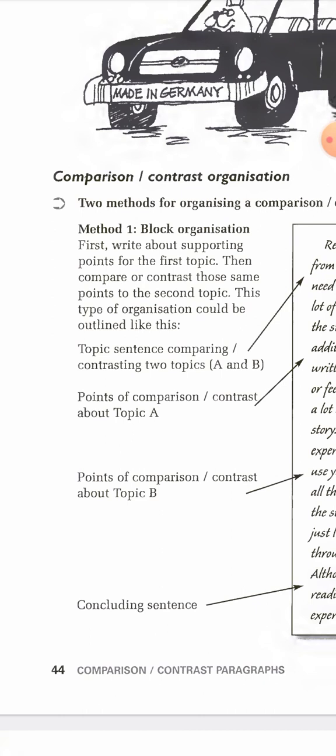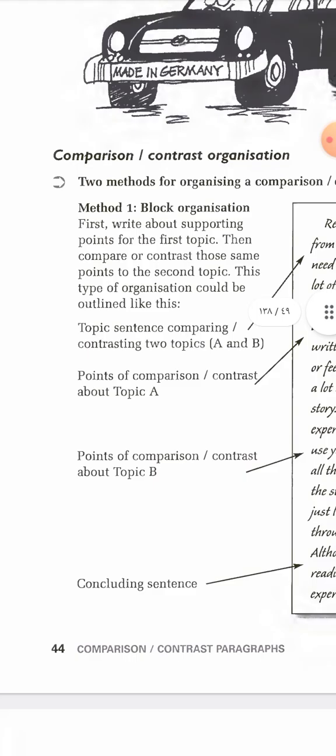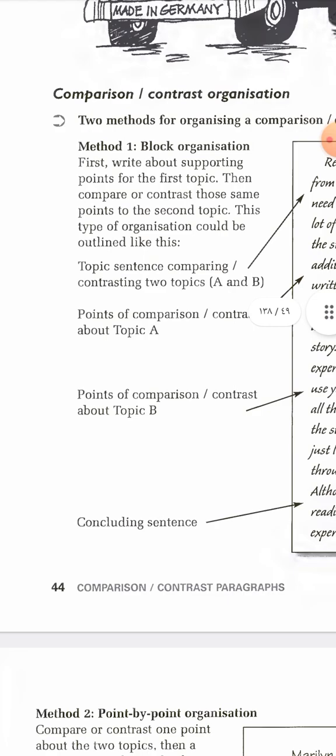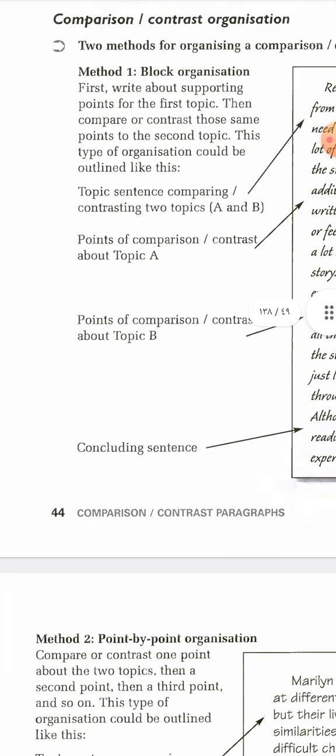If you compare two topics, A and B, such as Sudan and Egypt, or village and Kenya, you write about the similar things we find in A, and the contrasting things we find about A, and then the comparison and contrast about B, and then finally the conclusion. This is block organization.